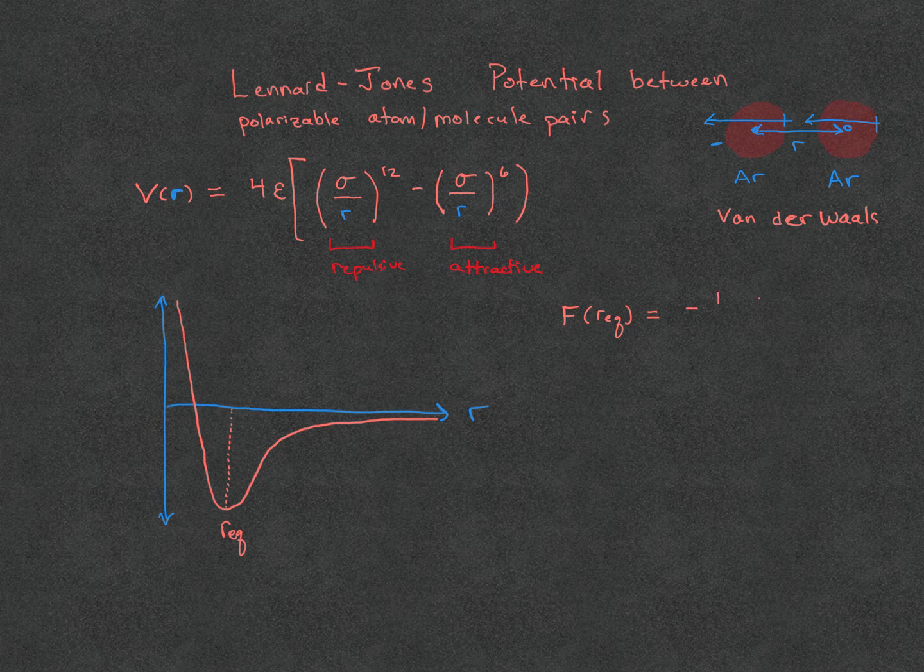So remember, once again, the force for the Lennard-Jones system is going to be the negative derivative with respect to position of the potential. So if I take this derivative with respect to position, multiplied by -1, and evaluate it at R_EQ, what do I get? What's going to be the result? What's going to be the actual value? That's a question for you to think about.